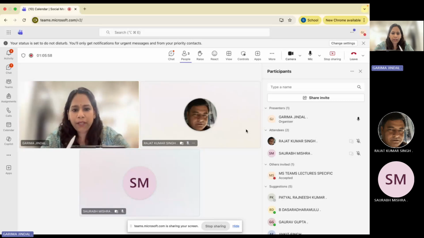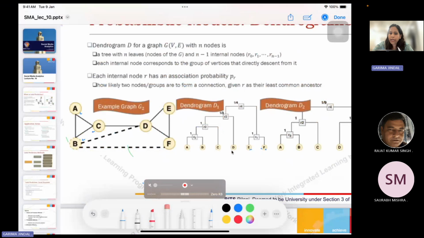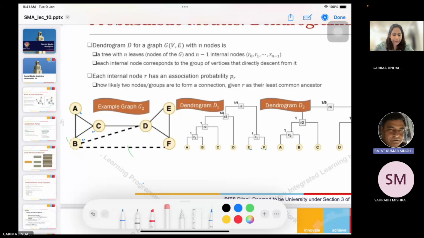It's a simple algorithm and won't take much of your time. Go through that algorithm and it will explain clearly how these dendrograms are formed. It tells you the hierarchy. You can see that first A and B connected, then C connected, then D connected, and so on. Is it clear? Yeah, yeah.